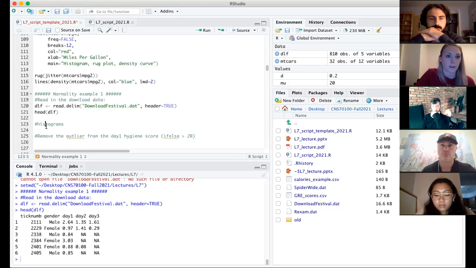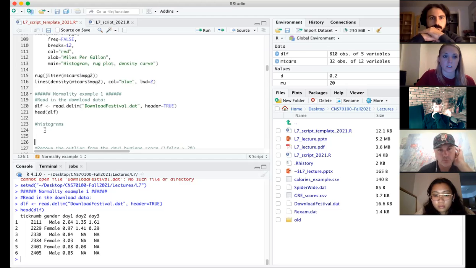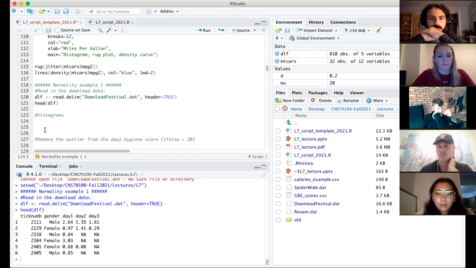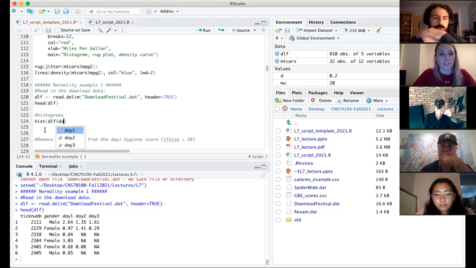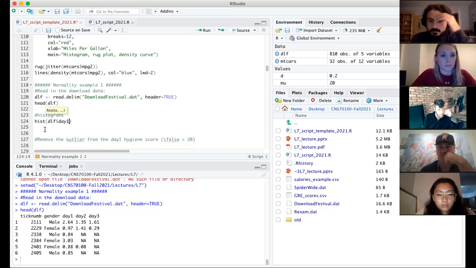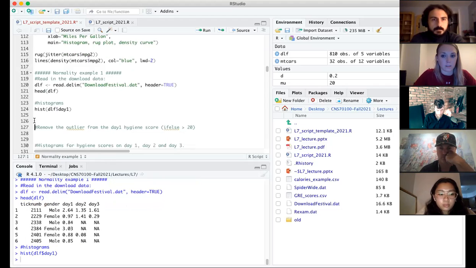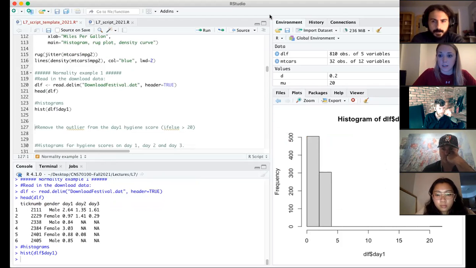There we go. Now if we want to plot a histogram, just like we did before, let's say we want to plot a histogram of just day 1. You can see here, do you see that one way out there on the edge at 20 something?